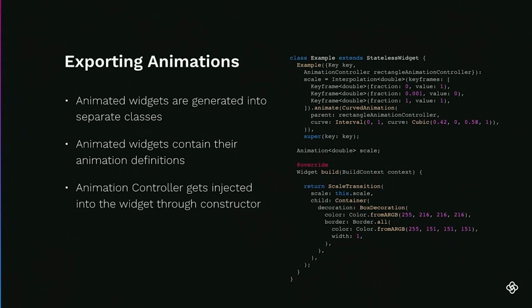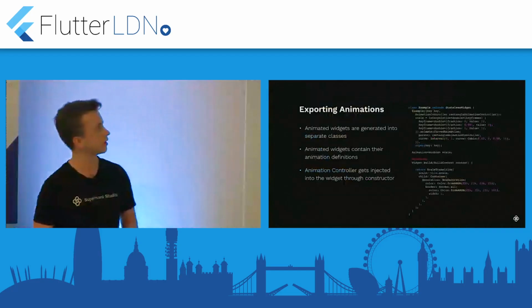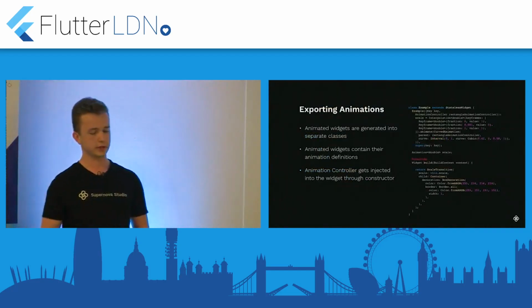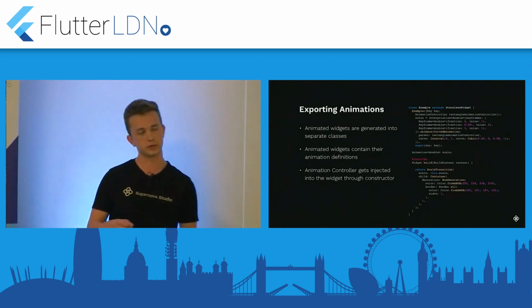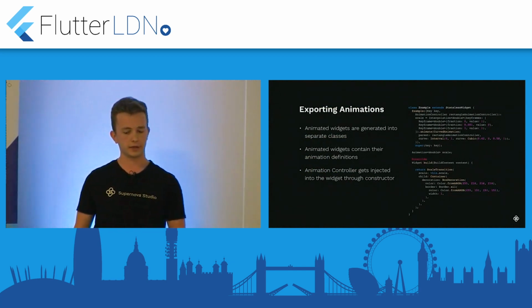Right now, what I was going to say is that we are generating the animated widgets into a separate class and then injecting them into your screens, so that they can have the definition of the animation inside of them. And the generated class also provides you with a way to inject your animation controller from the screen, so you can set stuff like duration, call forward, reset, etc.